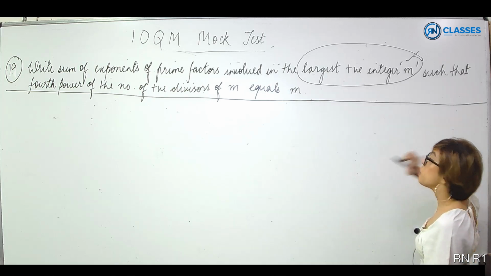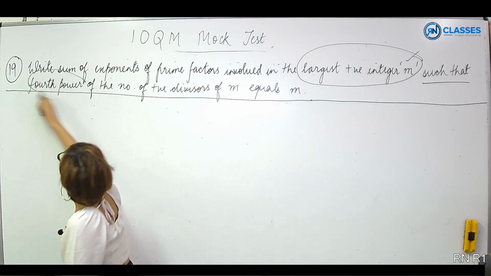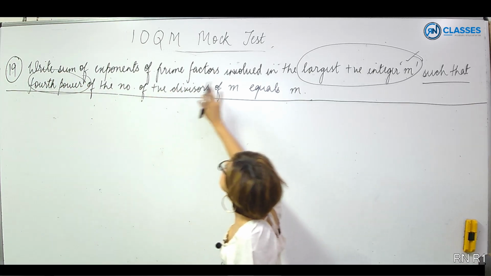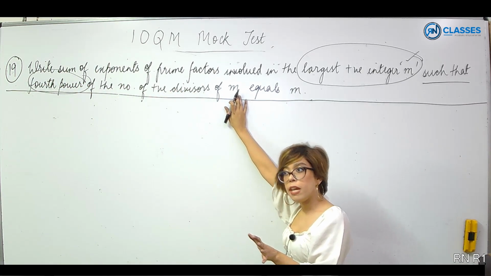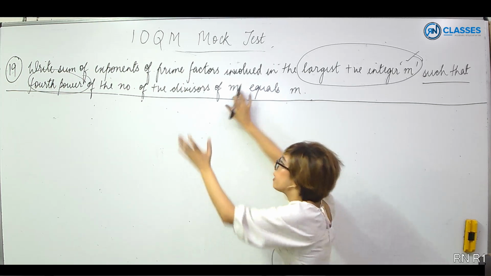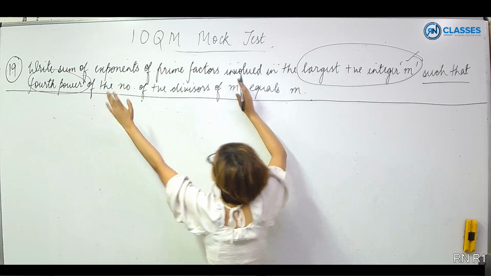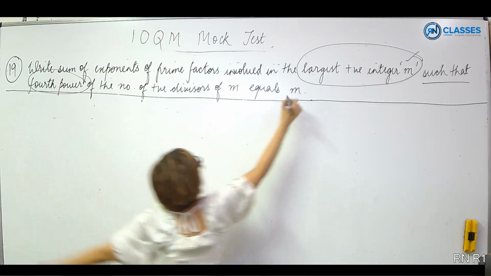Right? Now, what is the condition? He says such that the fourth part of the number of positive divisors of m, right? Fourth part of the number of positive divisors of m, right? Some number, a natural number, its fourth part, right? This entire thing should be equal to m.